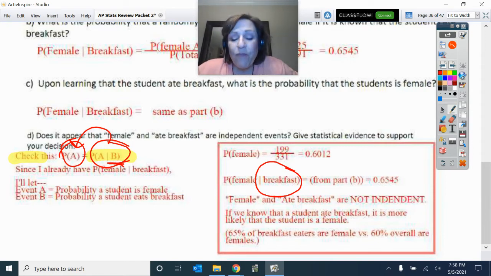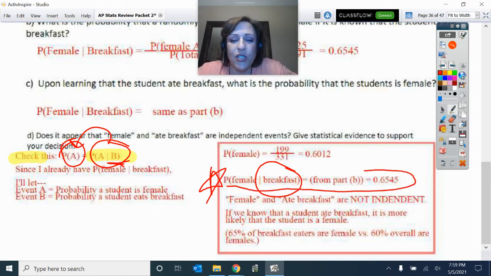So that's interesting. I did that because I happened to already know this right here from parts B and C. So apparently I went with that. So this kind of was the driver as to why I just used that. And I said, okay, that's the rate at which if you ate breakfast, this is the probability you're a female, but then here's the female overall. So this is the marginal, and this is conditional upon you having eaten breakfast.